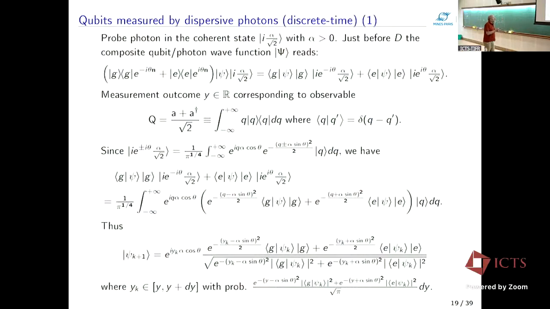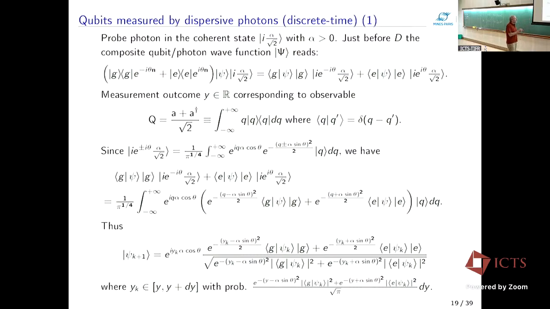So since you have this decomposition, which is the Q representation of a coherent state, you have a shift and a Gaussian. You see the Gaussian, where the Wiener noise comes from, is here.